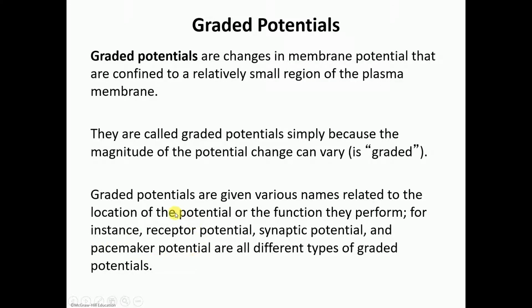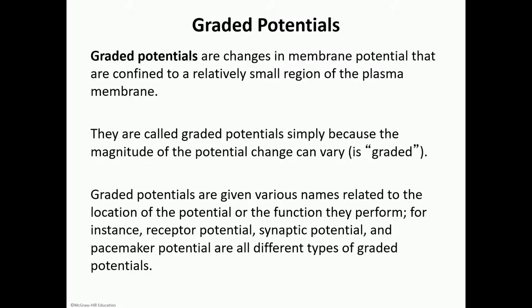The receptors receive different kinds of information, so pain, touch, vision, hearing, and so on. When they receive these signals, electrical changes have to happen in order to take these signals to the brain. These local changes that happen at receptors are known as receptor potential.